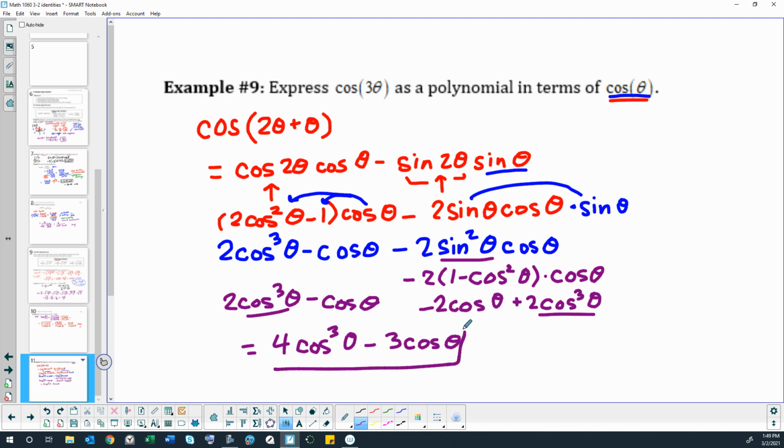And this is our new identity for cosine 3 theta. How many different identities are possible? Many, many possibilities. Fortunately, we don't have to memorize or find them all.